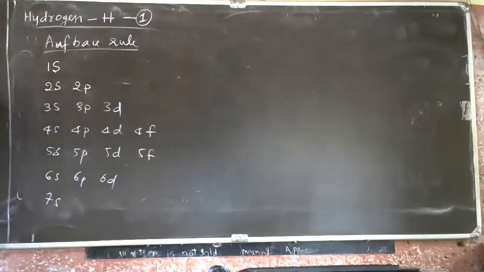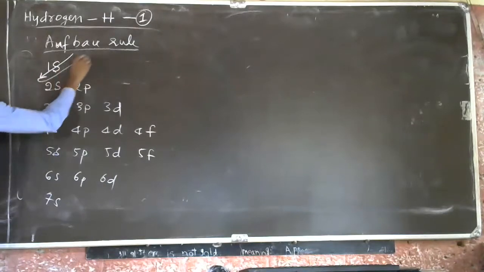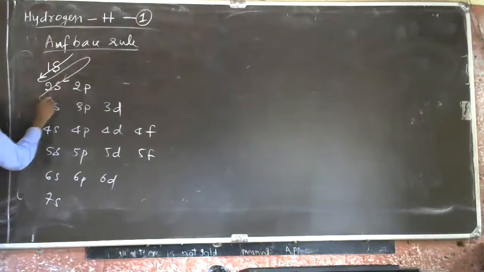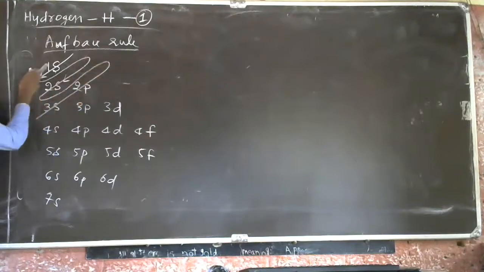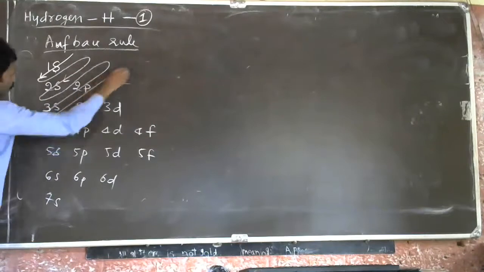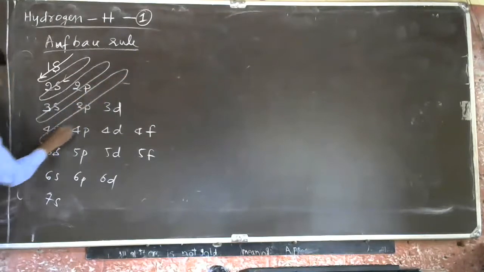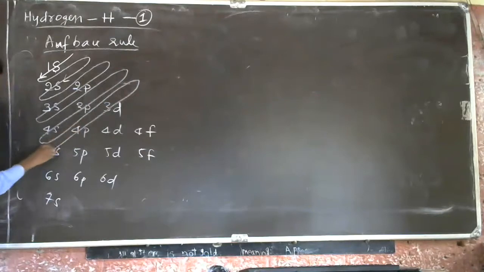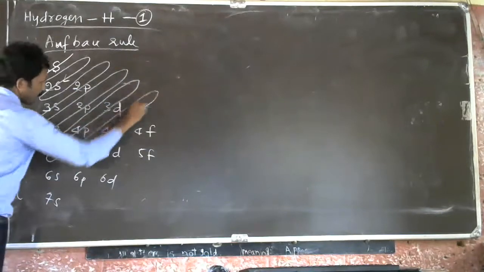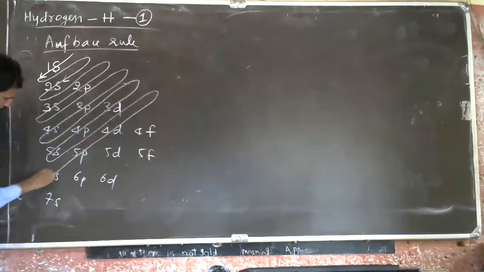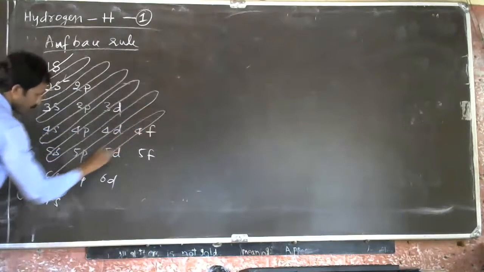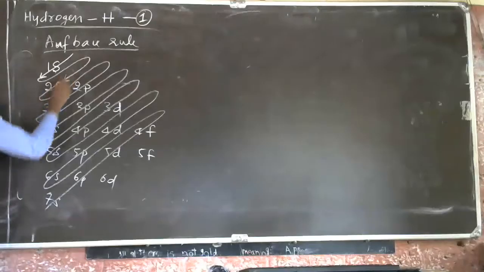Like this it continues. The first is going to fill first, followed by this one, followed by this one: 1s, 2s, 2p, 3s, followed by 3p, then 4s, then 3d, 4p, 5s, then 4d, 5p, 6s, and so on.